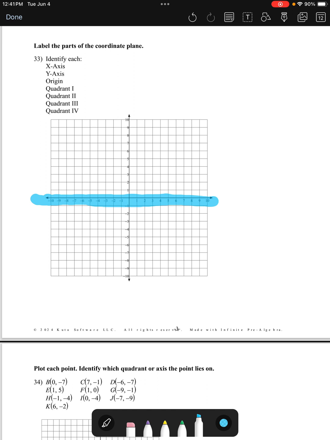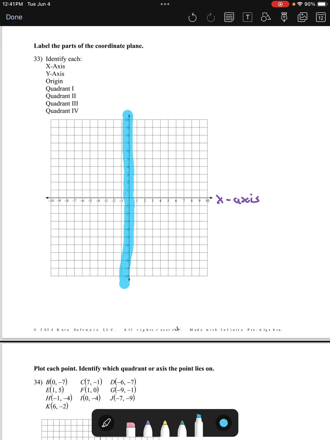There's an invisible zero in the middle. They don't print the zero. But you can see 1, 2, 3, 4, 5, 6, 7, 8, 9, 10 on to the right, and their negatives off to the left in the normal order. Nothing crazy there. That horizontal number line is called the x-axis.